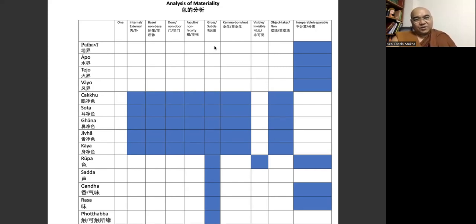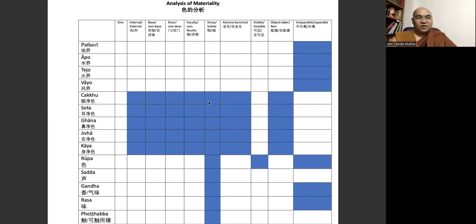Tangible, intangible: Sappadika, with striking, and Appadika, without striking. And also dure rupa, santike rupa. Santike means close, and dure means far, distant rupa.